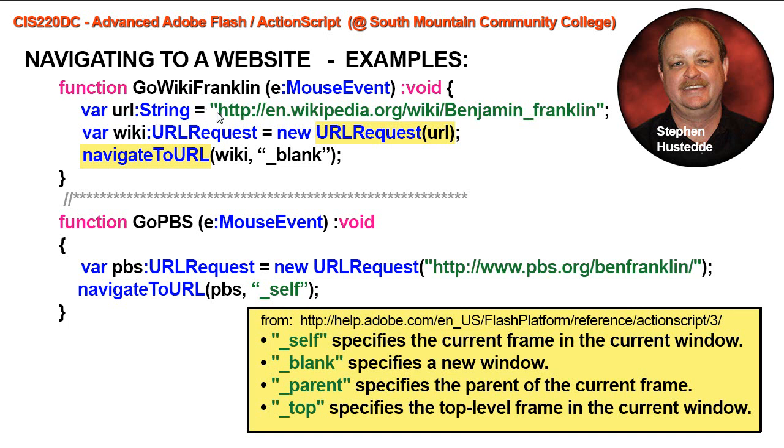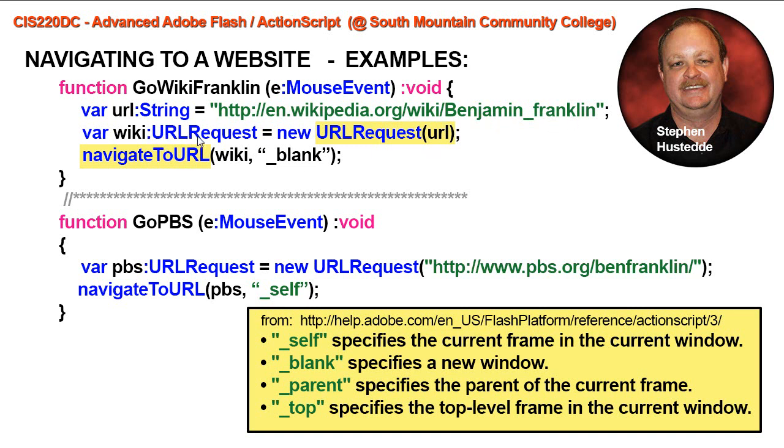And I'm going to set it equal to a literal string. It's in quotes, so the compiler would ignore it. And it's going to be the address of the website that I'd want to go to, including the http://. So in this case, I'm going to Wikipedia for an article on Benjamin Franklin.